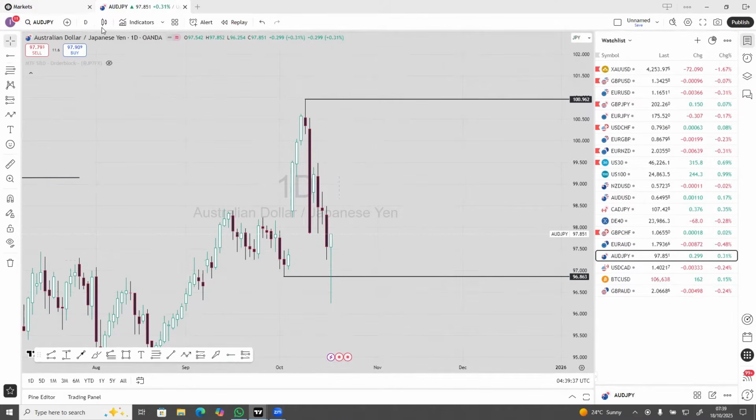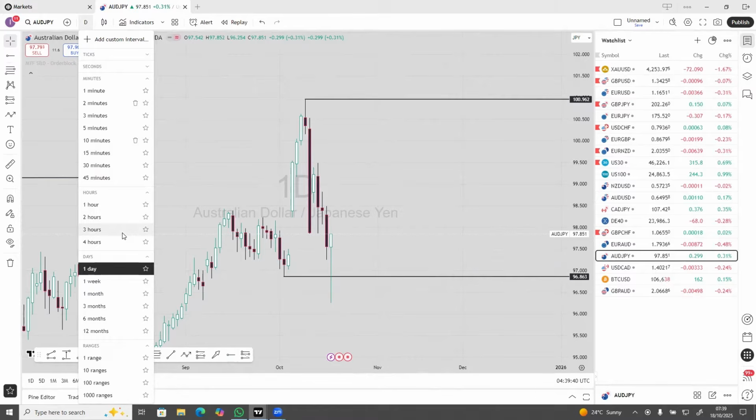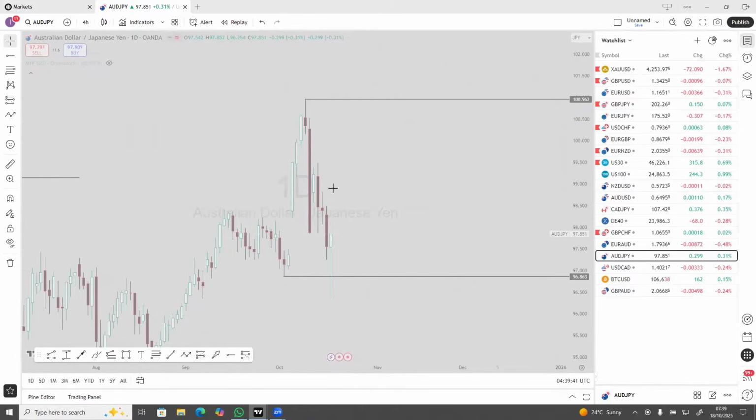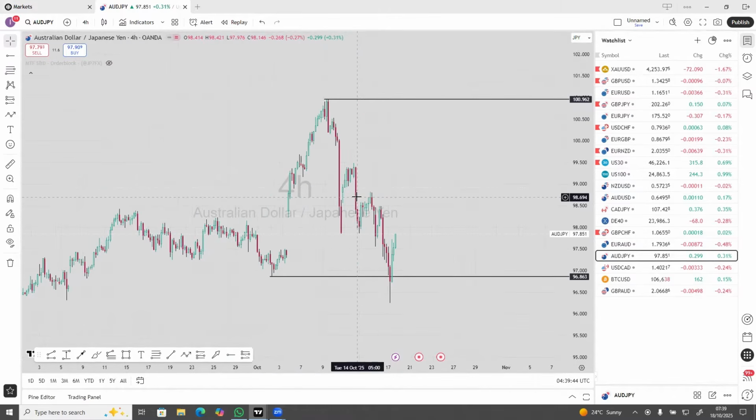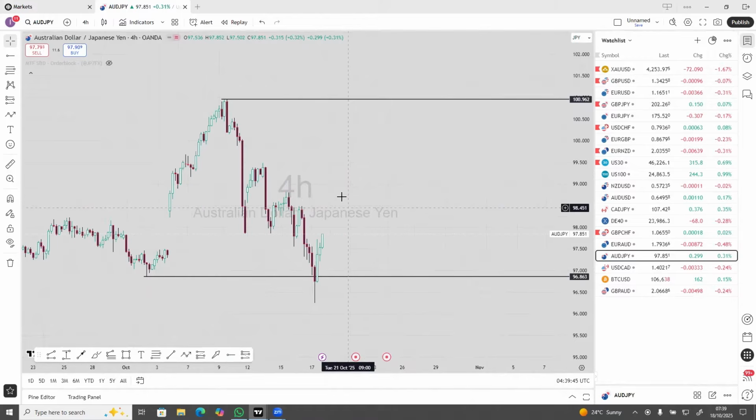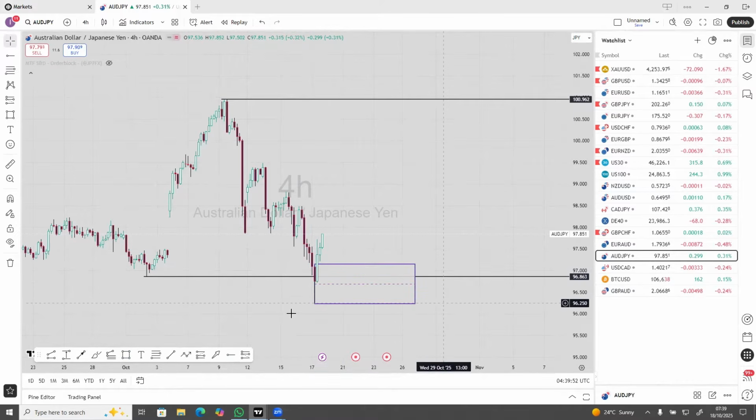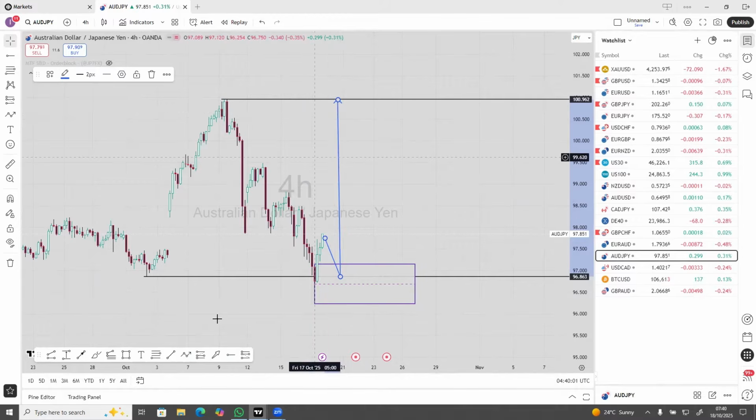What next? We're supposed to find a confirmation on lower time frame. That is how we are supposed to find the point of interest available on discount. On the discount zone, what's available? We have that demand. So next week on JPY, we're supposed to wait for mitigation of that demand, and then we can hold the buy until this strong liquidity level.